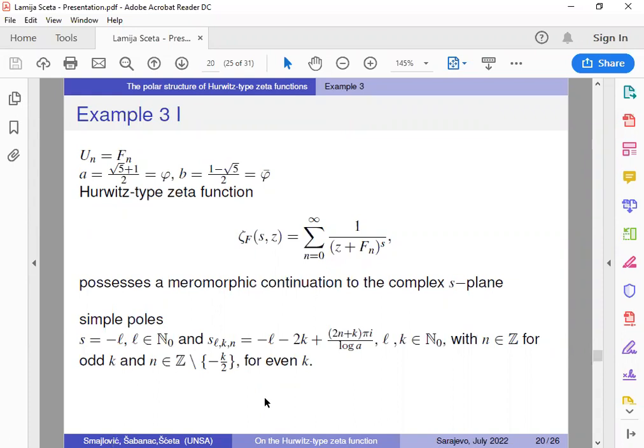Are there any nice formulas for special values that you can get from this? You're asking about special values of z? Z or S? Z variable. Or it would be both Z and S, so that things converge in a nice way. The sums of reciprocals of Fibonacci numbers or squares of.